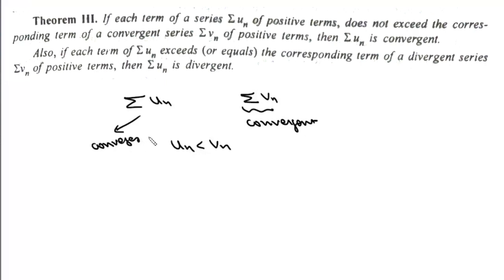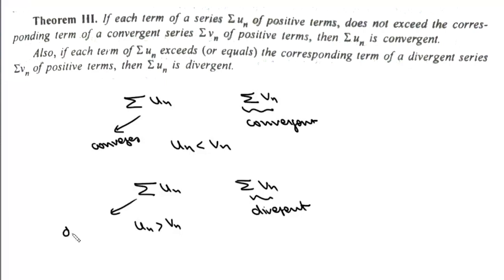And in the same way, if we have two infinite series summation un and summation vn, and this summation vn is a divergent series, and each corresponding term of un is greater than each corresponding term of vn, then we'll say this summation un is going to diverge.